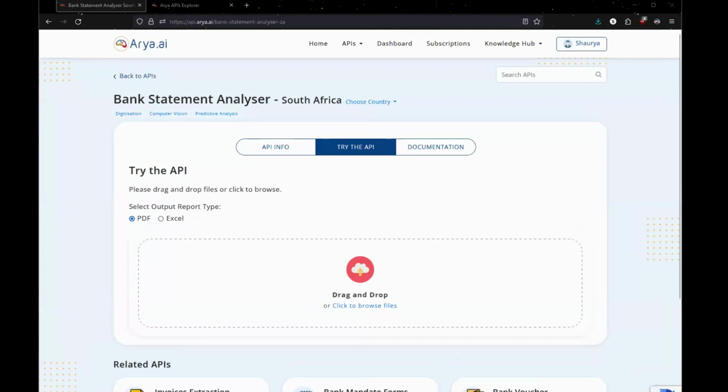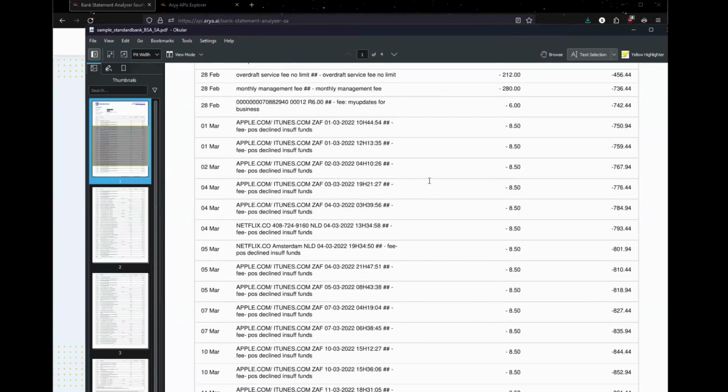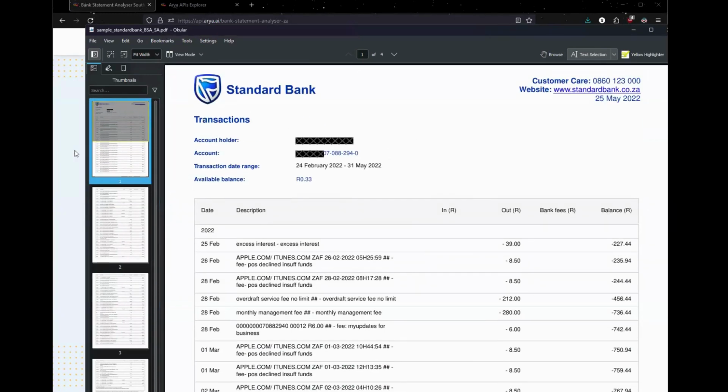This is a standard Bank of South Africa bank statement. The transaction date range for this statement is 24th February 2022 to 31st May 2022, which is 3 months and 7 days. It is a well-known bank in South Africa, so I will go ahead and show you how to proceed with this.